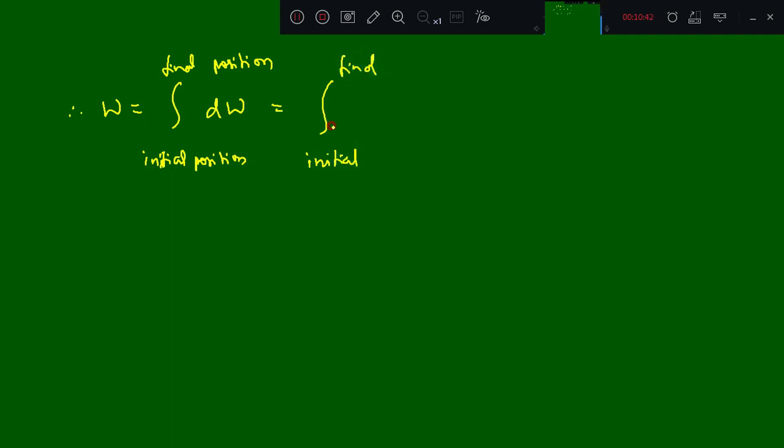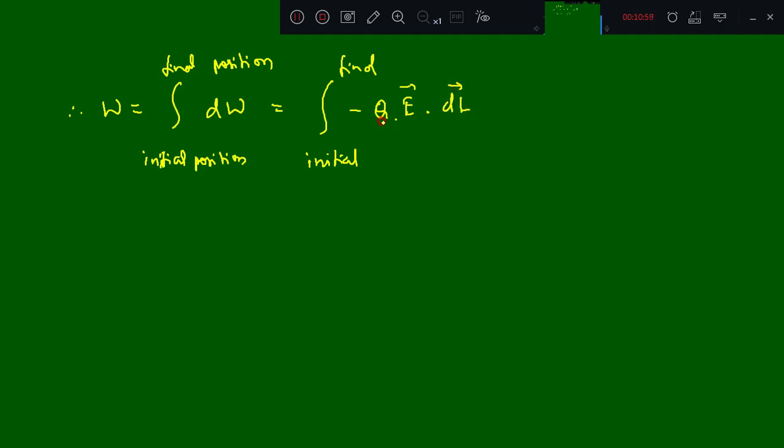Therefore W is nothing but the integration from the initial position to the final position of the small work done dW. So this is nothing but the integration from initial to final of minus Q E dot dl.